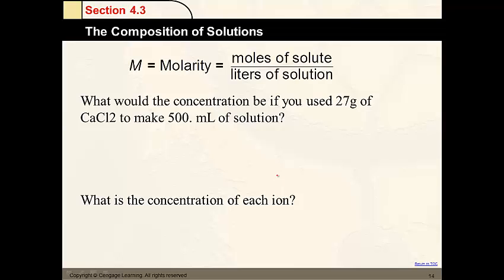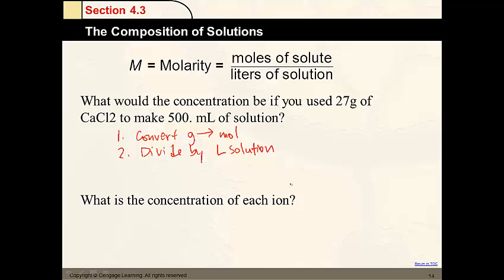Okay, here's another type of problem. It says, what would the concentration be if you use 27 grams to make 500 milliliters? Again, I'm not going to go through this problem entirely because I think the idea is pretty clear, but you'd want to convert your grams to moles, and then next you would divide by your number of liters of solution.